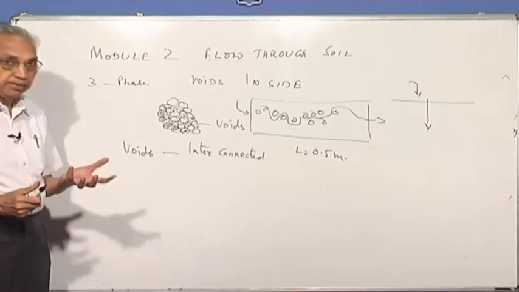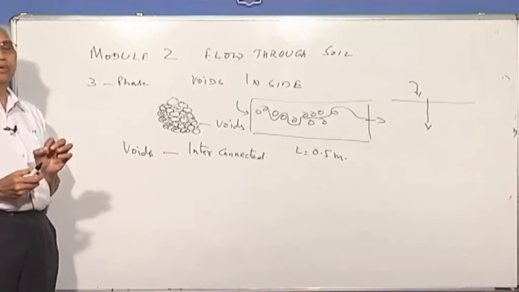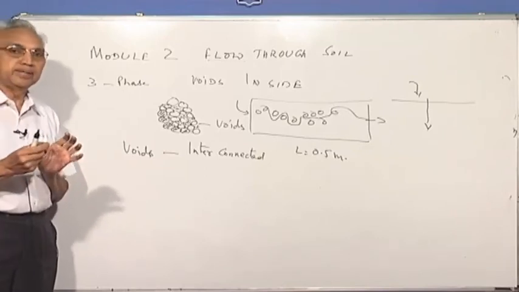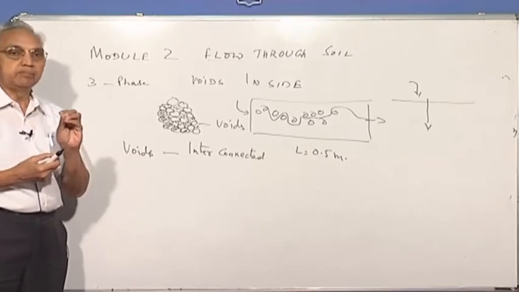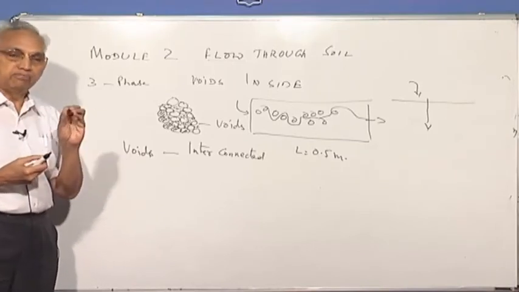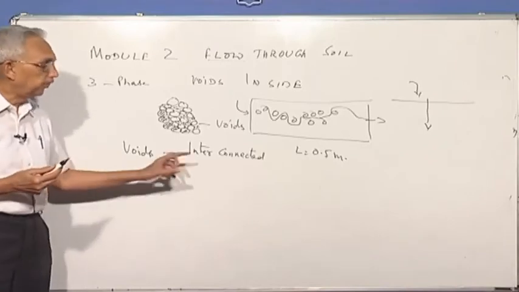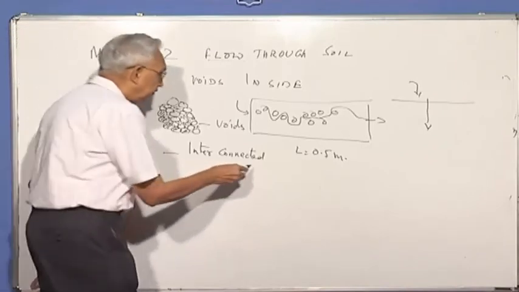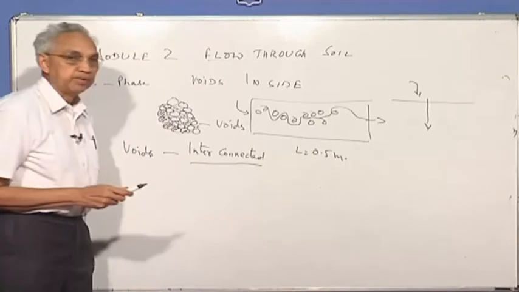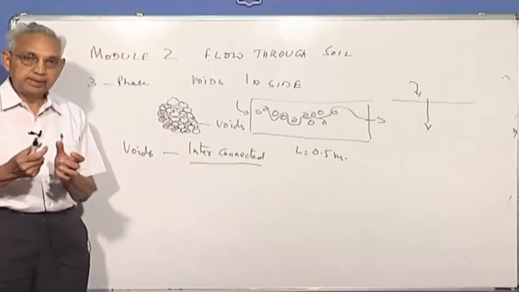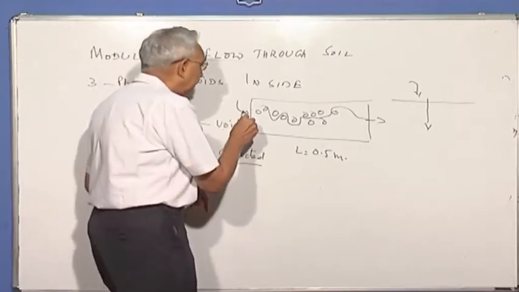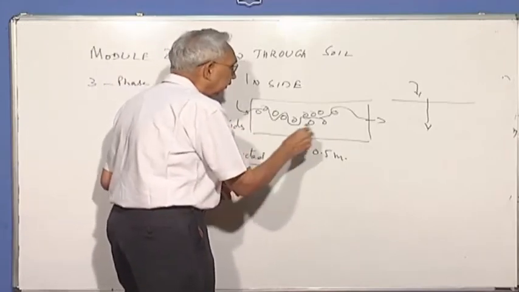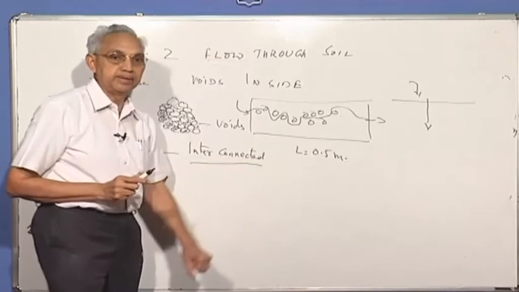If I take concrete, it has voids of very small size, but they are not necessarily connected, so water may go inside but doesn't flow out, or very little goes because there are very few interconnected voids. Whereas in case of soil, the voids can be large and they're all interconnected, so if you allow water or any fluid, it can go through the soil and come out at the other end.